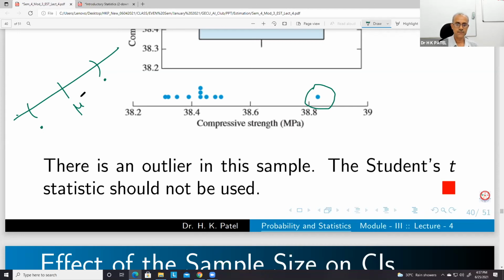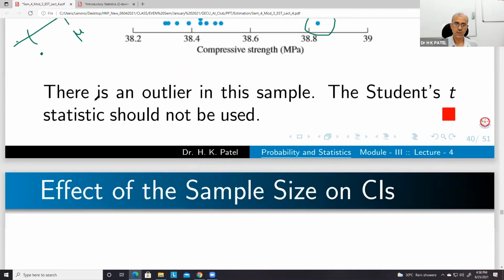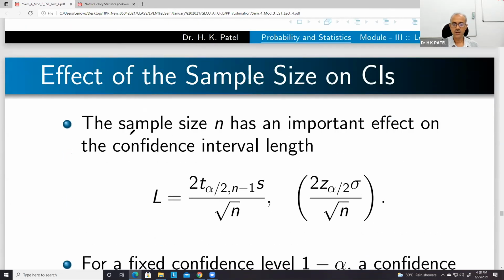This is the length of the confidence interval in the case of t and in the case of Z. What is this value in the case of Z?